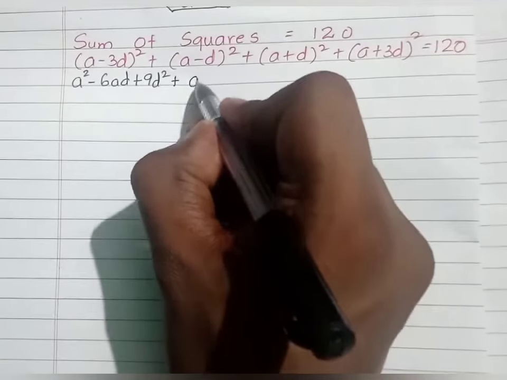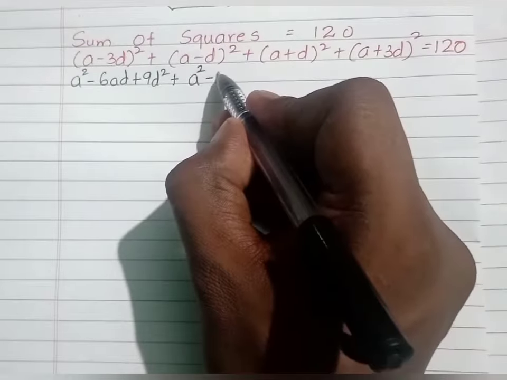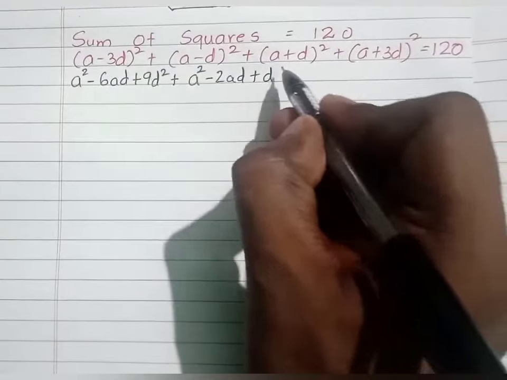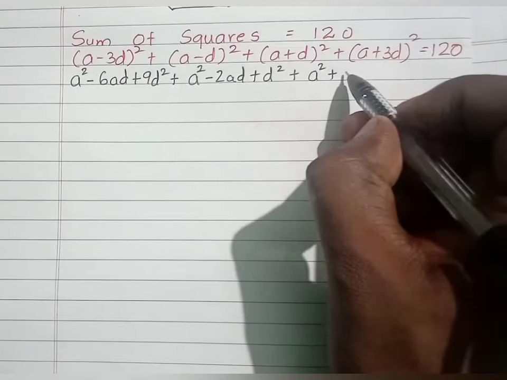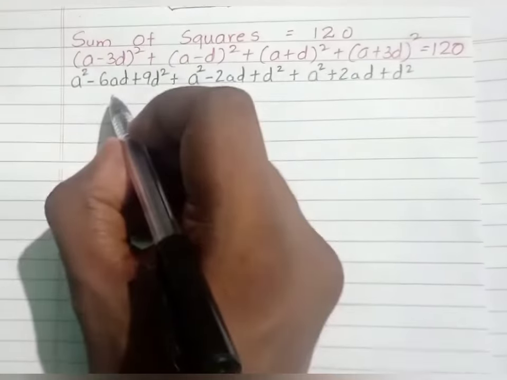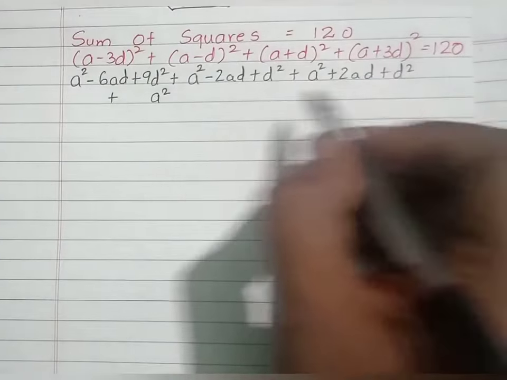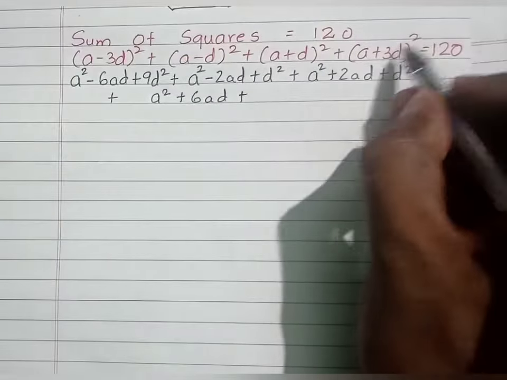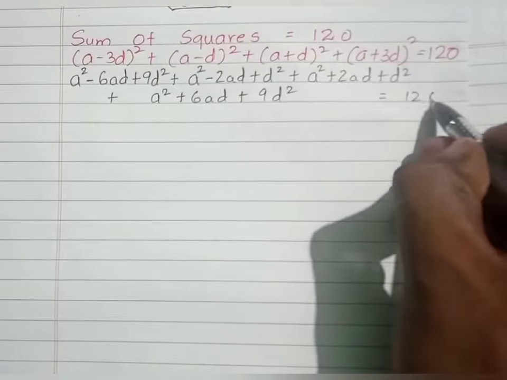The same way, a square minus 2ad plus d square. The same way, a plus b whole square is a square plus 2ab plus b square, so a square plus 2 times a into 3d gives 6ad, plus 3d square gives 9d square, equals 120.